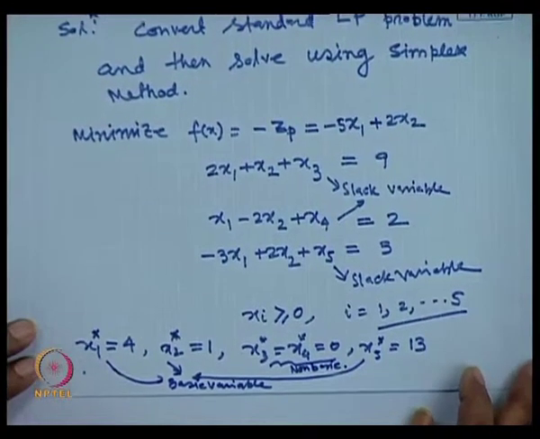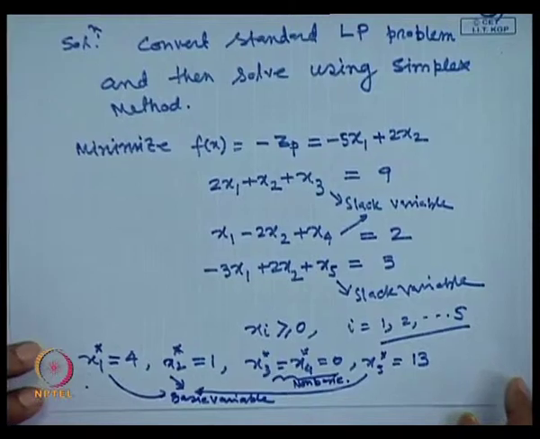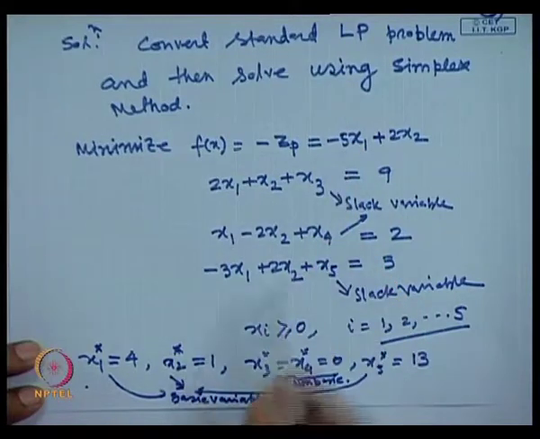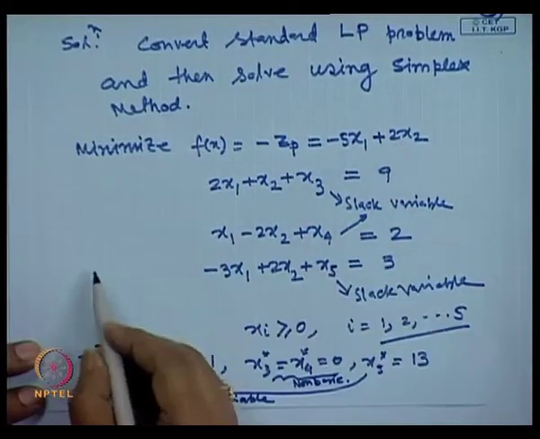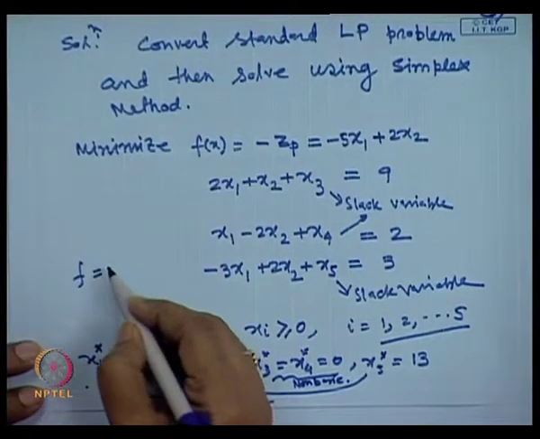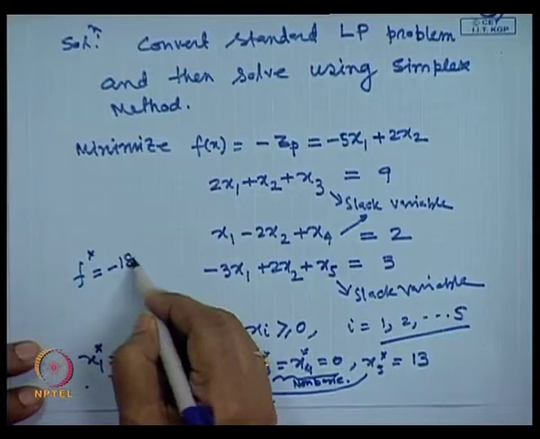So, what is our minimum value of the function? If you put it here, x1 is 4, means minus 20, minus 20 plus 2, so f star is minus 18.